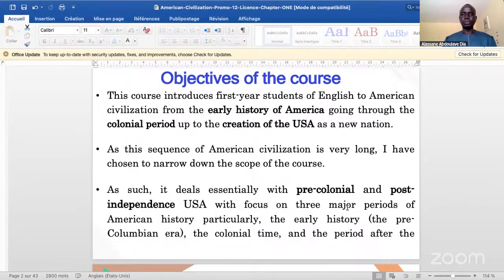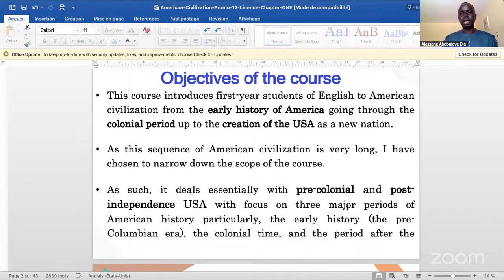As I told you, the sequence of American civilization, or of American history, is very long. It is a long sequence of American civilization. That's why I have decided to narrow down the scope of the course. What does it mean? To make it short, to make it simple, in order for you to understand some important stages in American civilization.